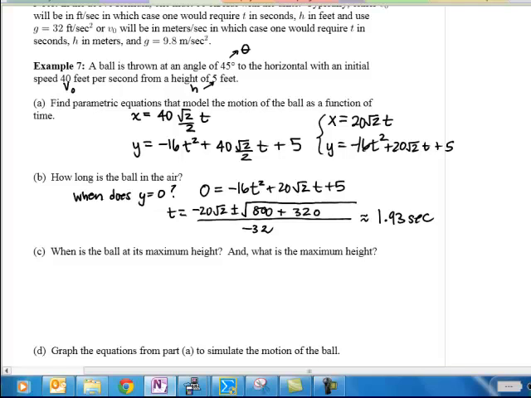When is the ball at its maximum height, and what is the maximum height? Probably the easiest way to answer this is to relate x and y to each other, and then figure out what kind of graph we're looking at. So let's see, if we get rid of the x, we would have t is equal to x divided by 20 square root of 2.